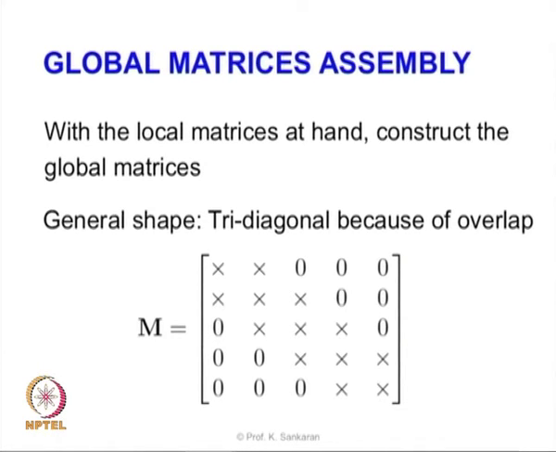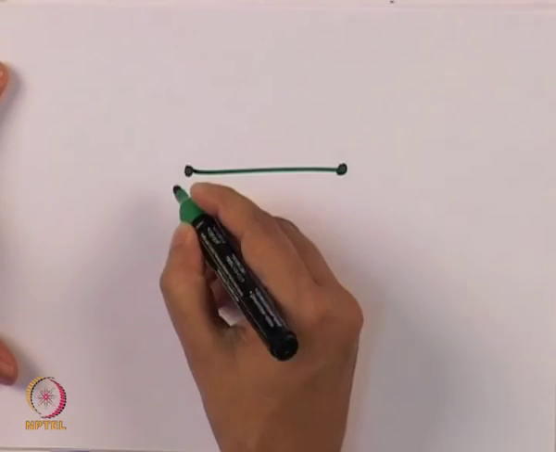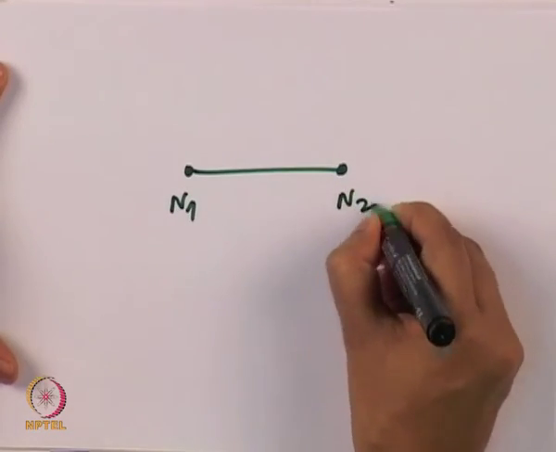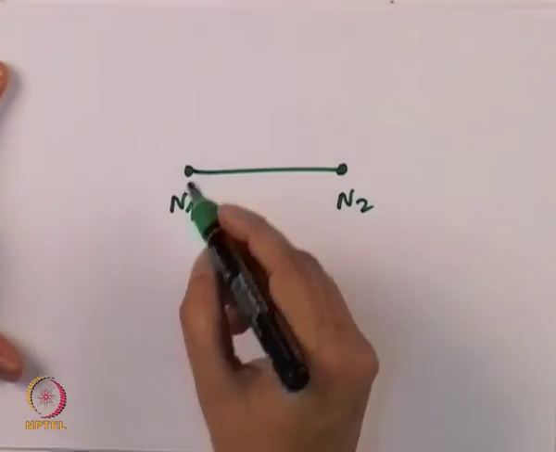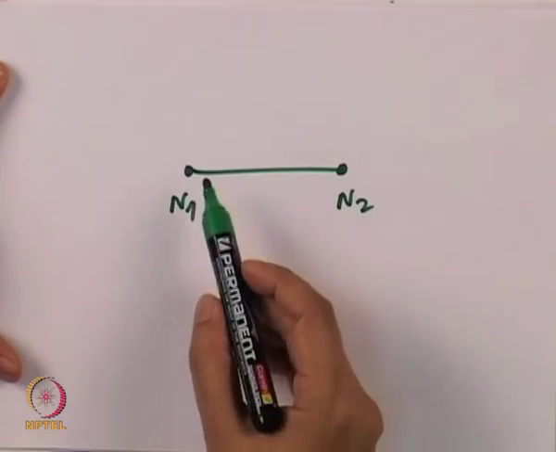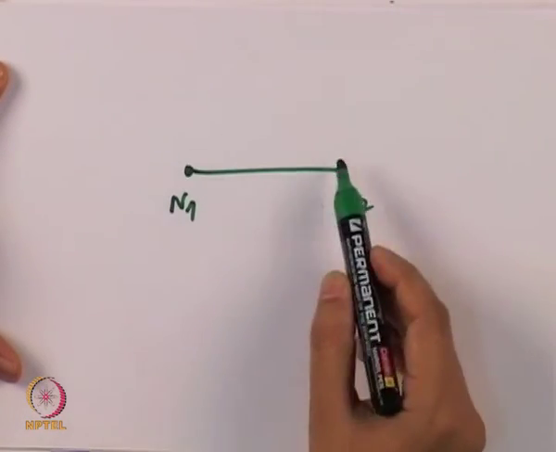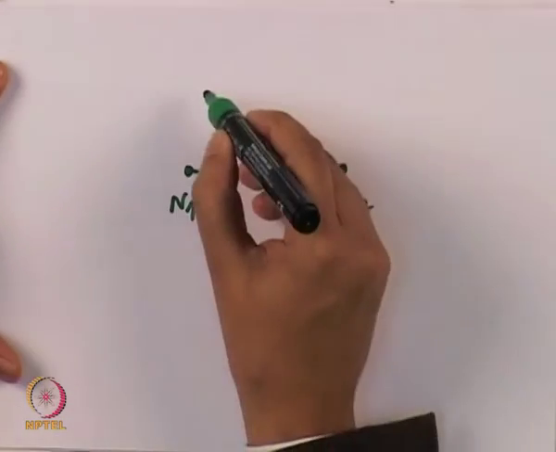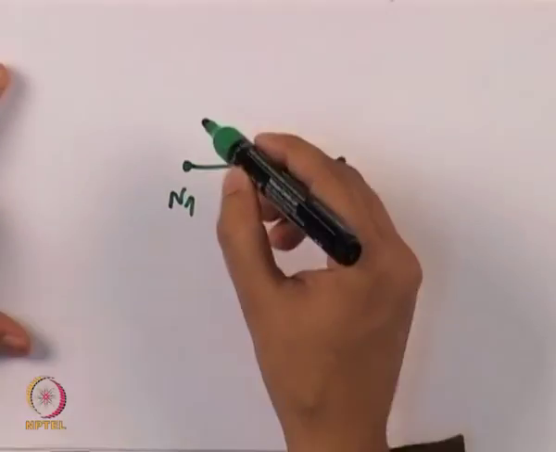So inside each of the elements, let us say this is node 1, this is node 2, and I am going to compute the value of the fields at node 1 and node 2. For simplicity, let us say I have 2 basis functions that are defined.